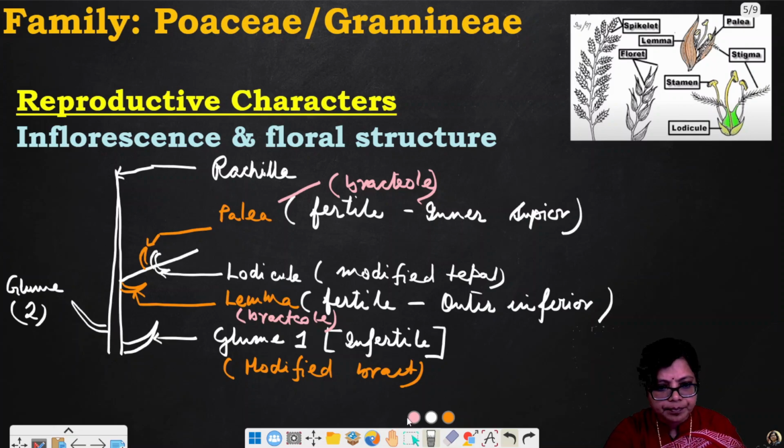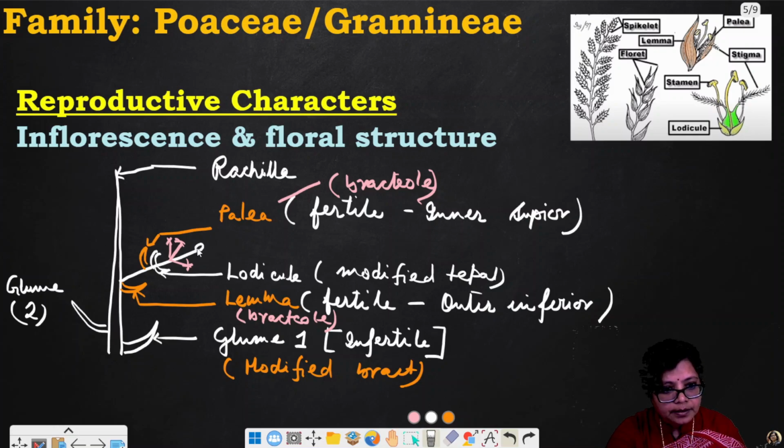Next, stamens develop in whorls, generally 3 in number. In some members, maybe these stamens are present in 2 whorls, alternate with each other, trimerous condition, 3 plus 3. Now, what I told, ovary is superior.